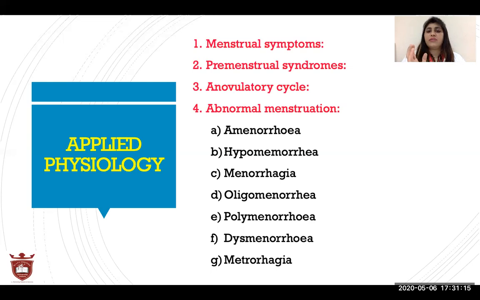Such are the symptoms which appear in premenstrual syndrome. Anovulatory cycle is where the menstrual bleeding is there, but ovulation does not occur.